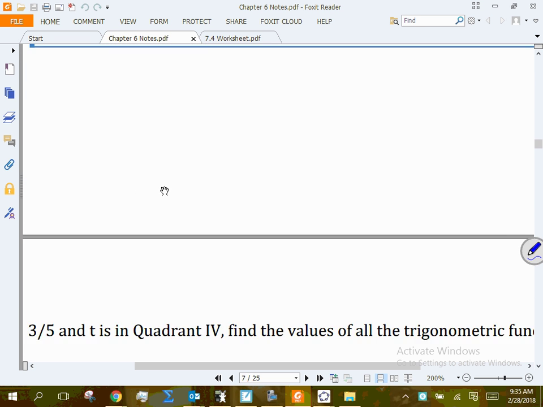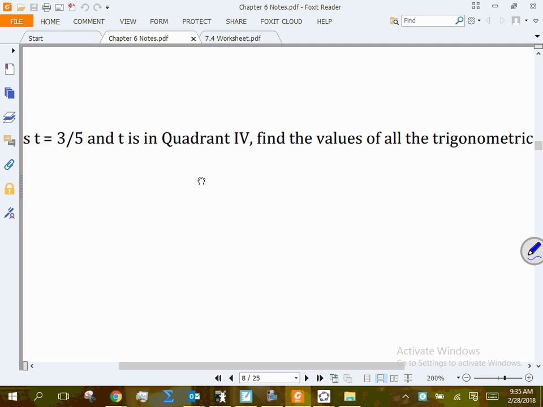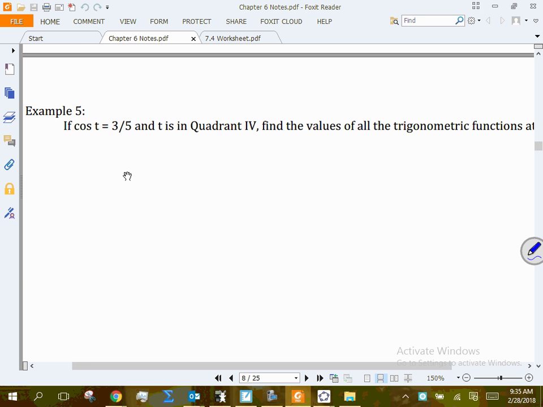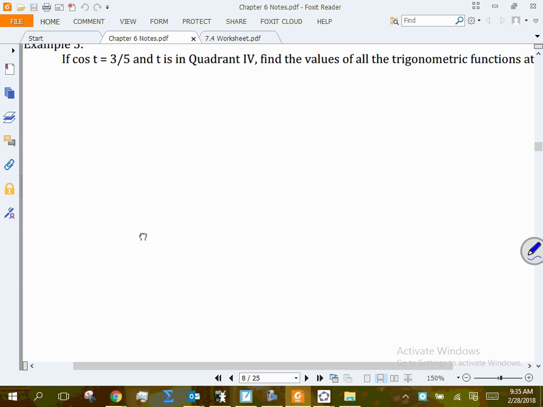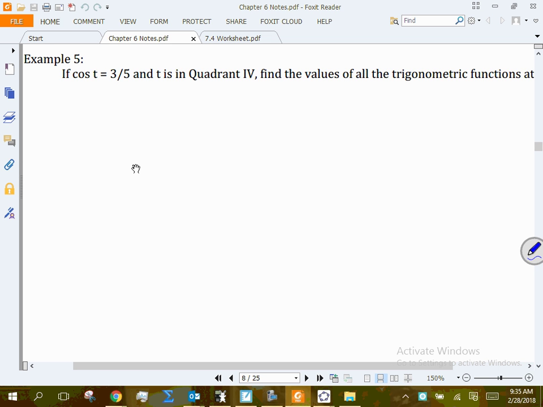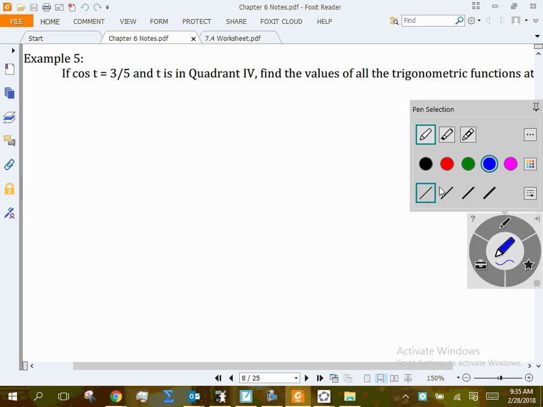We're going to devote a lot of time in chapter 7 to that. Even there's an example 6 here that we've kind of already done. I'm going to skip over that just for the sake of time today. But we're going to do a lot of work in chapter 7 with identities and being able to work with those pretty fluidly.